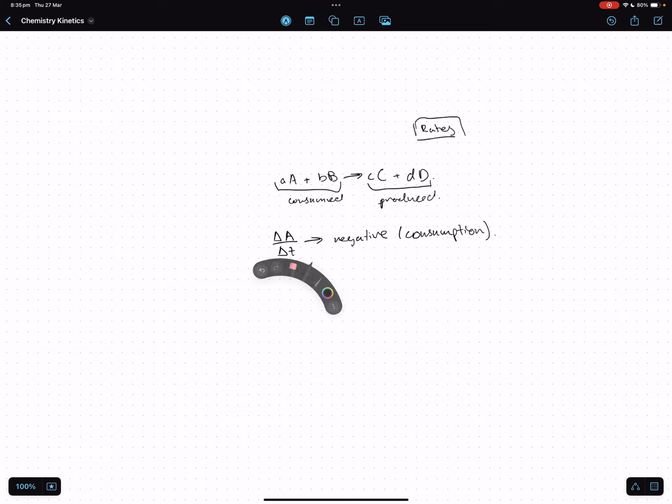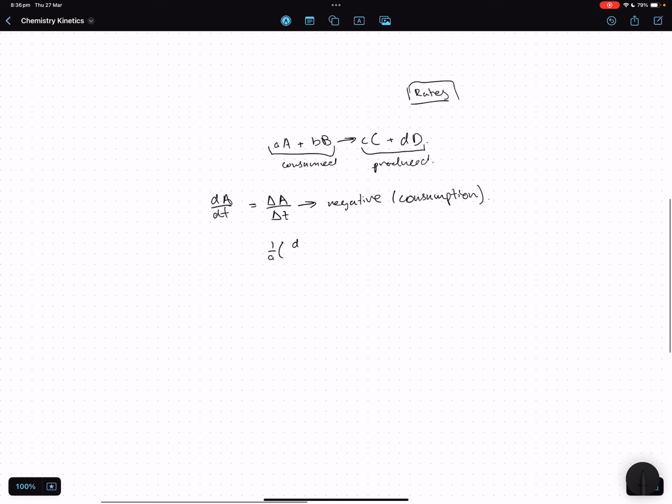If we look at this equation, we can standardize it by saying 1 over a, and then we do d. So we use this notation d[A]/dt. It's the derivative of A, basically. So it's the rate of change of A with time. As time changes, so does [A]. And then we talk about concentration. Molecular concentrations are very important because they tell us how many moles we have.